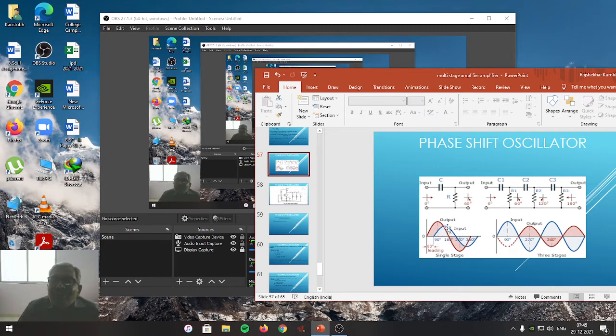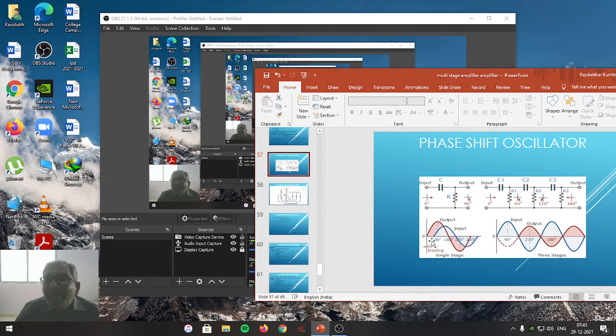So the blue colored signal is the input signal, which is obtained after feedback, and the red colored signal is the output signal. Means if you apply an input signal here, we will get output across resistance R. If you look here, output originates from 0, whereas input doesn't originate at 0.